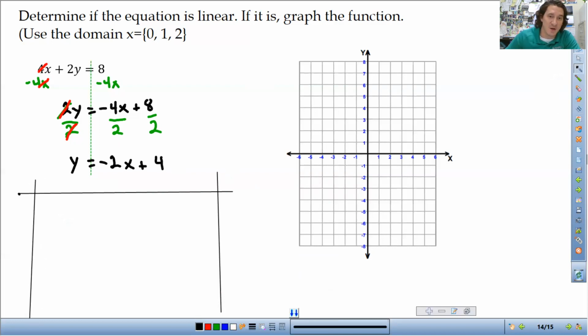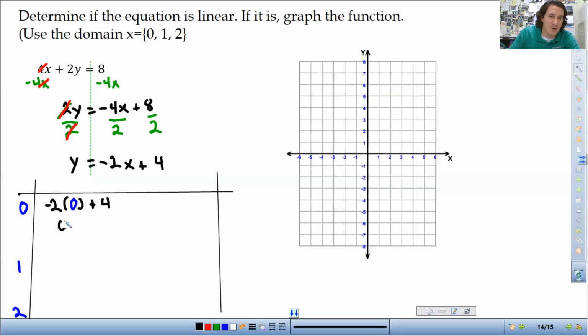Use the domain 0, 1, 2. So first, it's going to be using the function, so it's going to be negative 2 times x plus 4, negative 2 times x, where x is 0 for this one.